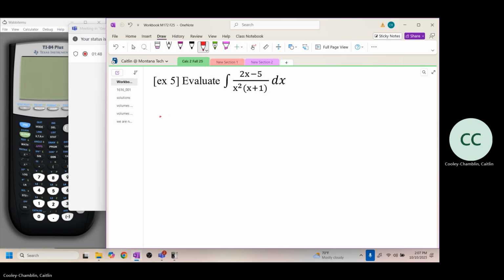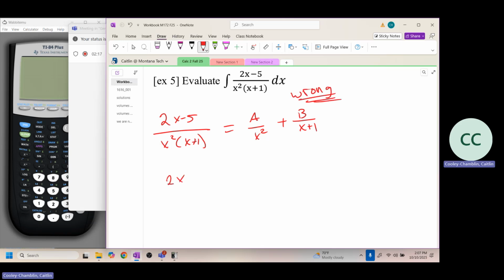So 2x minus 5 over x squared times x plus 1 equals, a lot of people will say, okay, we have A over x squared plus B over x plus 1. I'm going to go ahead and solve this like I normally would. Again, it's in red because this is wrong.